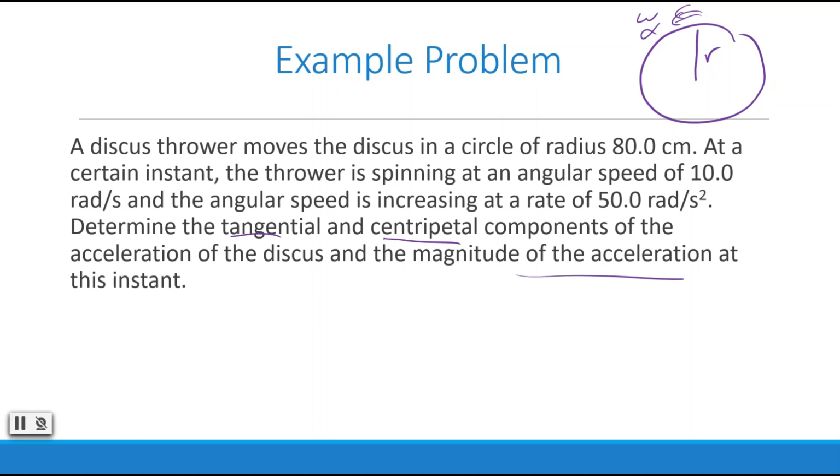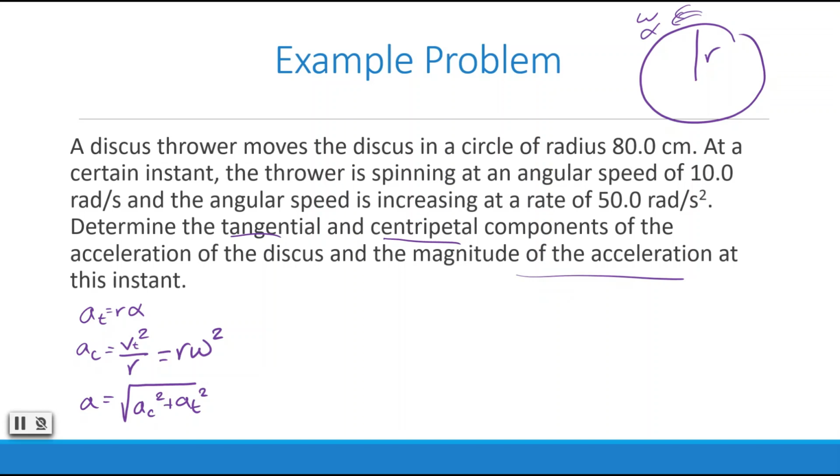Our tangential acceleration is equal to r times alpha. Our centripetal acceleration is v squared over r, or r omega squared, where v is our tangential speed. And then our linear acceleration is the square root of a_c squared plus a_t squared.